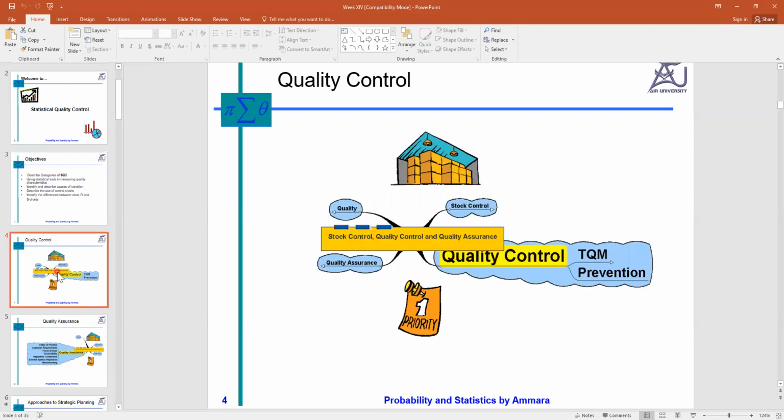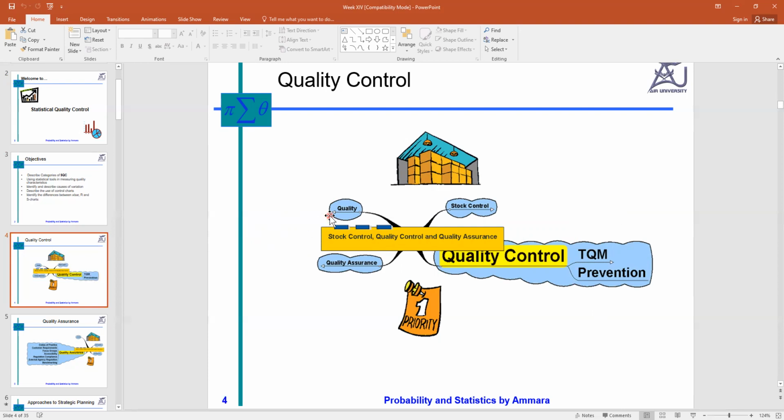If we say this diagram is well representative of quality control, then this is 99% true. How? In this, you can say the stock control, quality control, and quality assurance are all basically total quality management preventions. These three are interrelated.